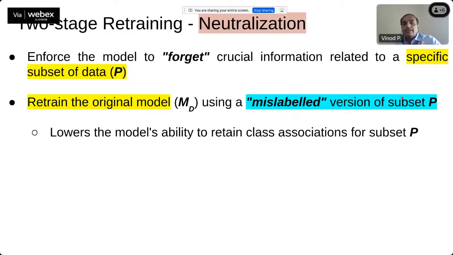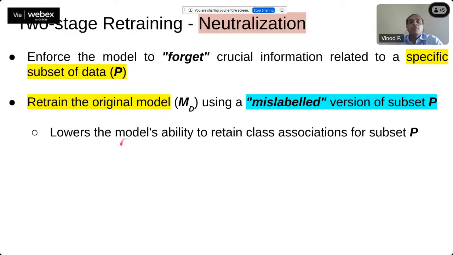When we do this, the knowledge regarding the sensitive data points will be lost, so the confidence score will come down. But at the same time, the model might lose its utility on the preservation set.